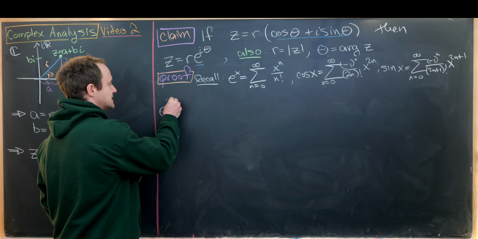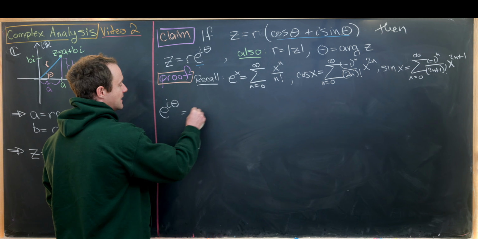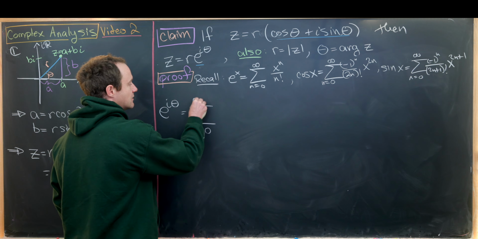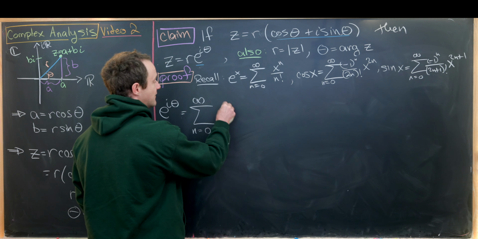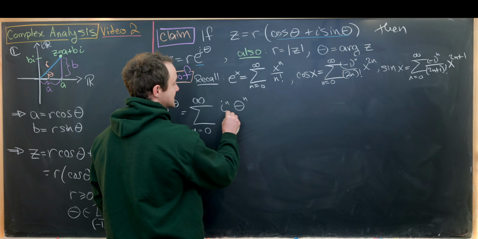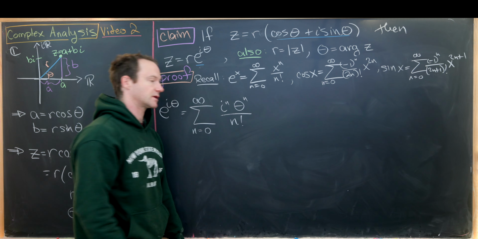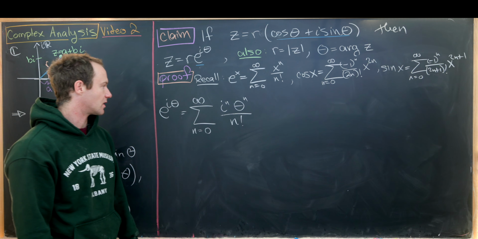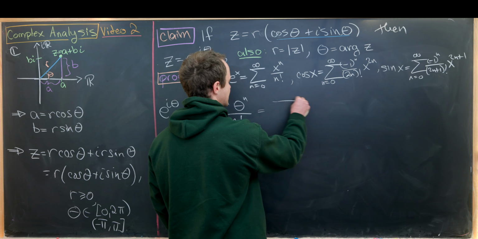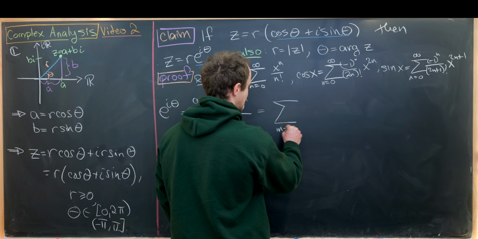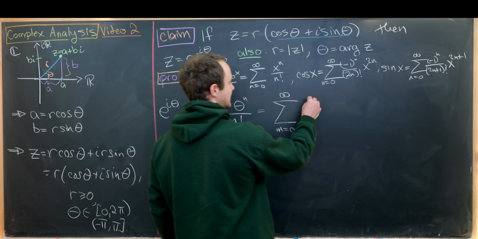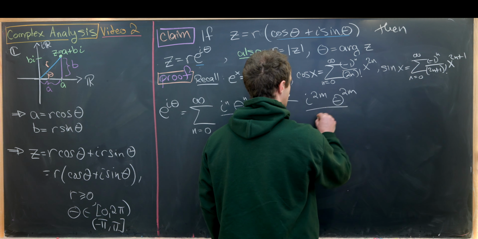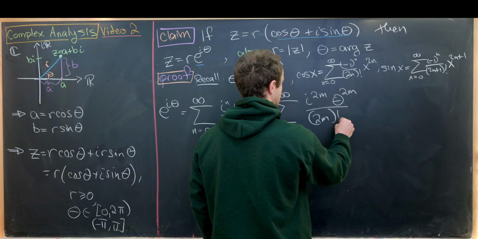So if we have e to the i theta, that's going to be equal to the sum as n goes from 0 up to infinity of i to the n theta to the n over n factorial. And now I'm going to break this sum into even parts and odd parts. So let's rewrite this as the sum as m goes from 0 to infinity of i to the 2m theta to the 2m over (2m) factorial.